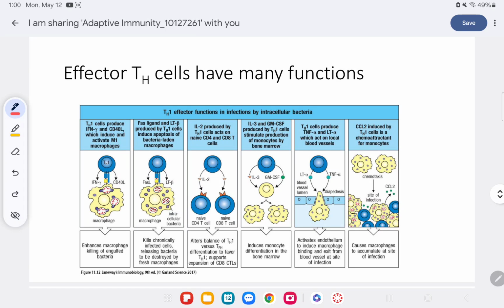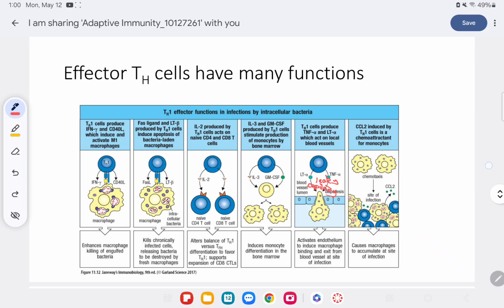And we said that just a second ago, that was one of the problems with superantigen. It also is chemotactic. It gets macrophages to come over here and help clean up this mess.